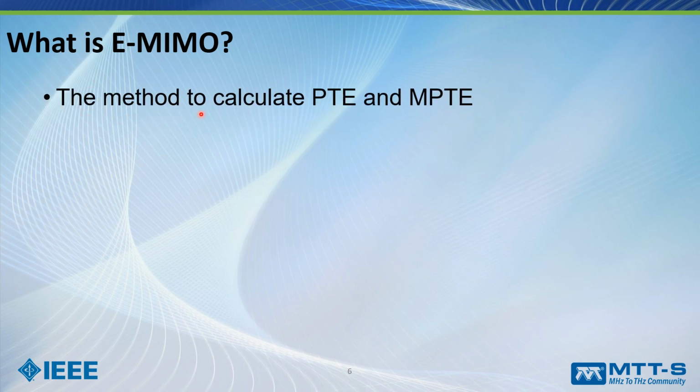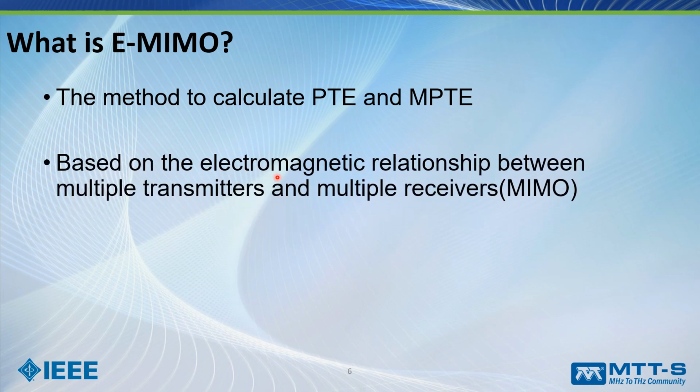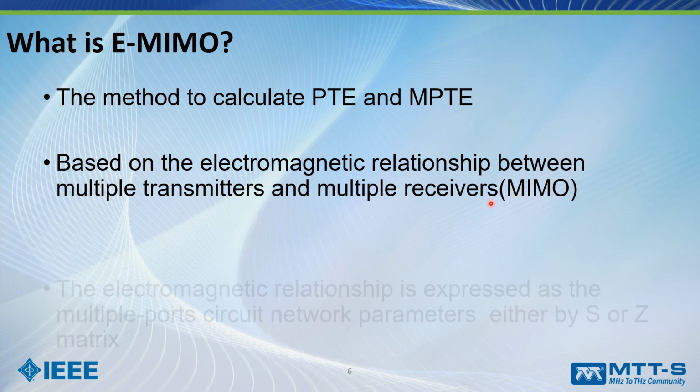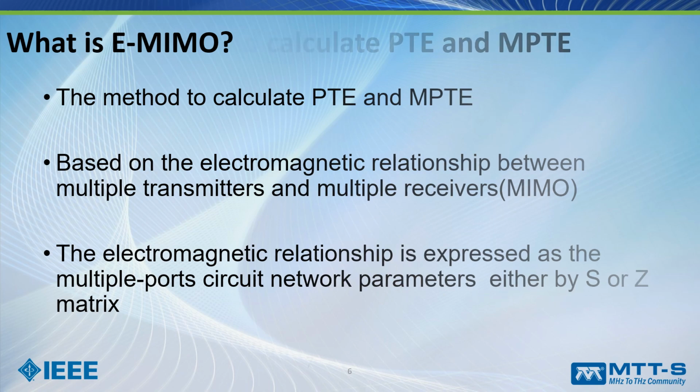eMIMO is a method to calculate PTE and MPTE, and it is based on the electromagnetic relationship between the multiple transmitters and the multiple receivers. It is also called MIMO. This electromagnetic relationship is exactly expressed as the multiport circuit network parameters, either by the S matrix or by the Z matrix.